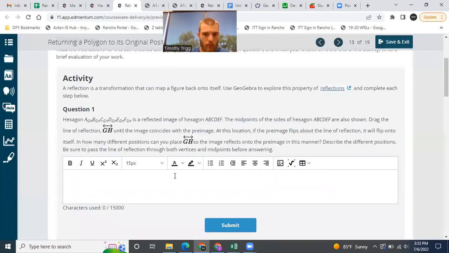So in this case, describe the different positions. So how many different positions? So we want to say that there were 6 possible positions for line GF where it would be a line of symmetry. So I want you to state that there. And then describe the different positions. So how did we place line GF? Well, we placed it through the sides, but we also placed it sometimes through the vertices, right?